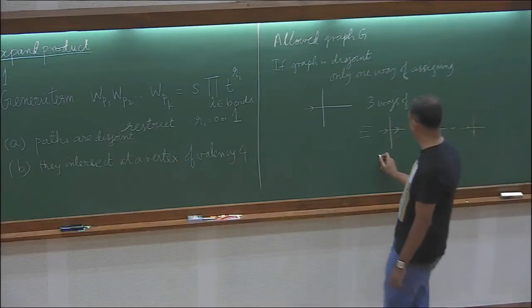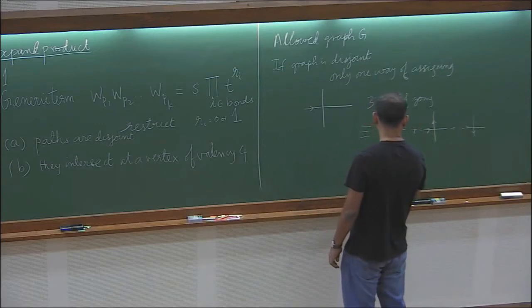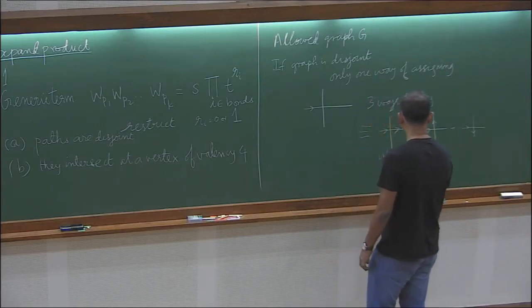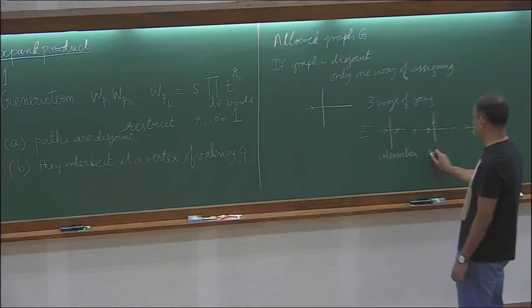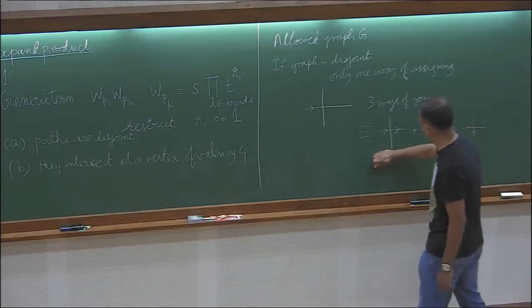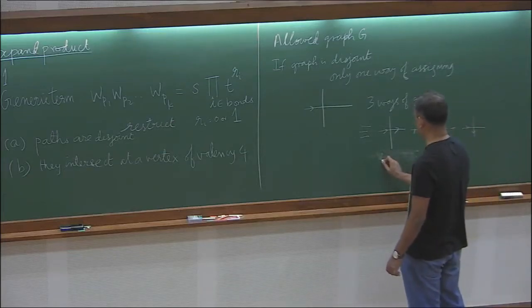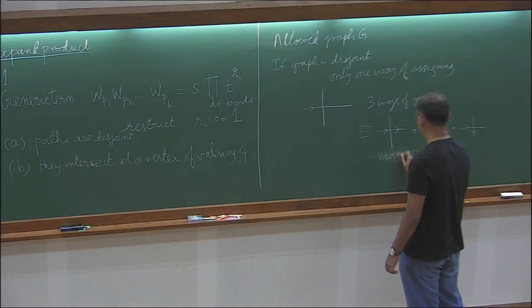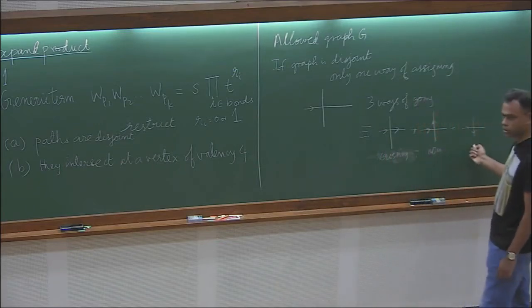So this will have an intersection, and these two, no crossing, no intersection. So I should call it crossing. Crossing, no crossing, no crossing.